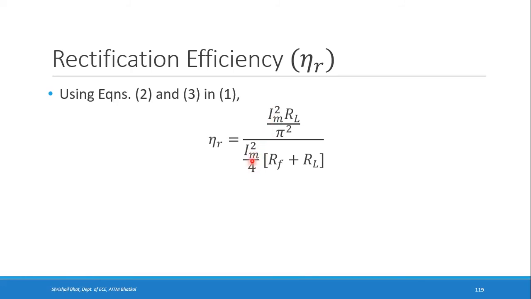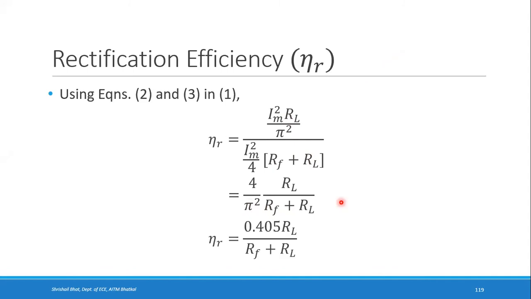The 4 is in the denominator of the denominator, so 1 by 4 taken to the top becomes 4 by pi square, into RL divided by RF plus RL. What is the value of 4 by pi square? If you calculate, 4 by pi square is 0.405, into RL divided by RF plus RL. This is the value of efficiency.